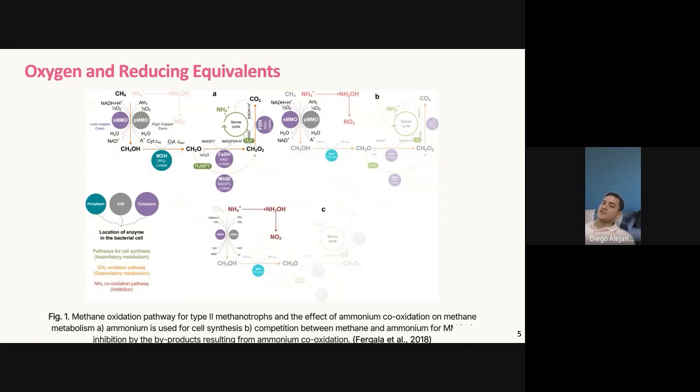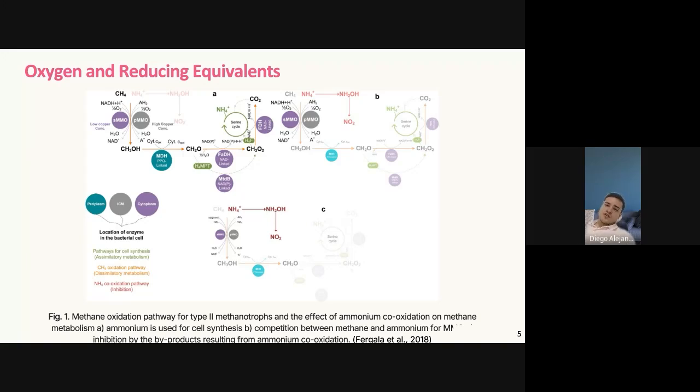Ammonium is oxidized to hydroxylamine by methane monooxygenase, which increases the demand for oxygen and reducing equivalents. The picture shows the methane oxidation pathway of type 2 methanotrophs and the effect of ammonium co-oxidation on this metabolism.